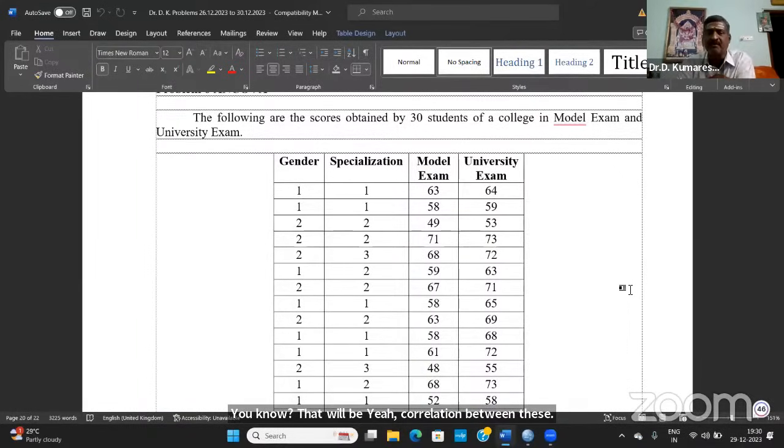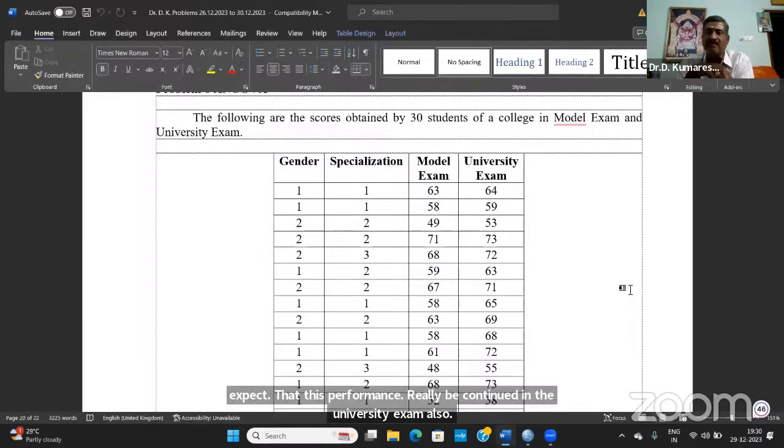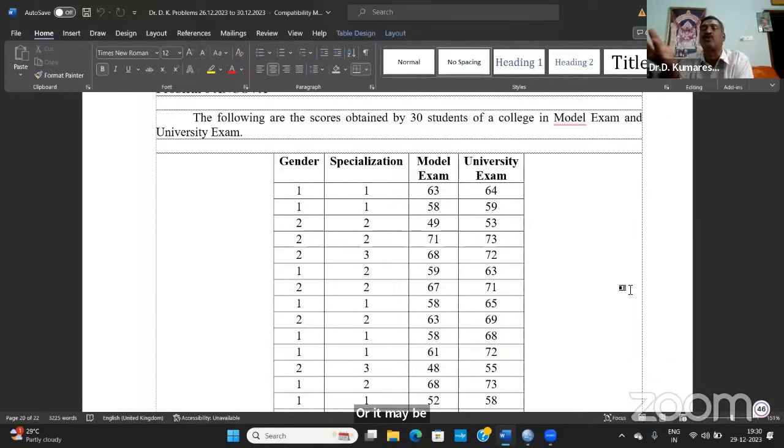Correlation between model exam marks and university exam marks. It need not necessarily be, that is different. But we expect that this performance will be continued in the university exam also, or it may be improved hereafter.